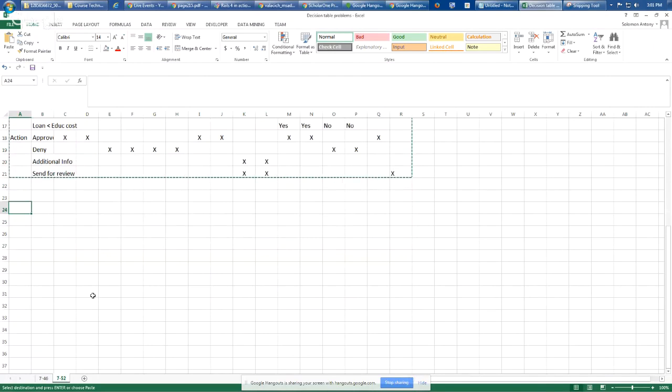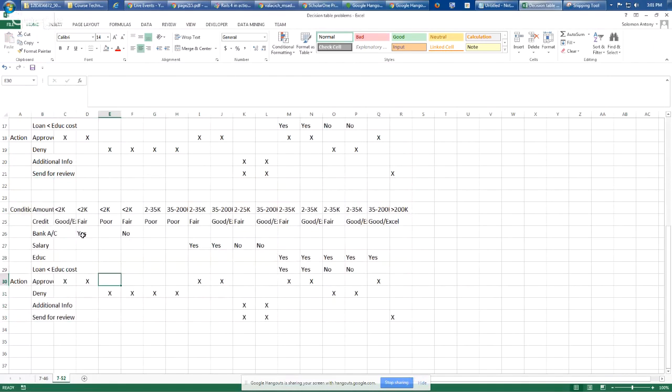So all the less than 2K is first, then 2 to 35 should be next. So let me move this 2 to 35, then 35 to 200. So there's another 2 to 35.